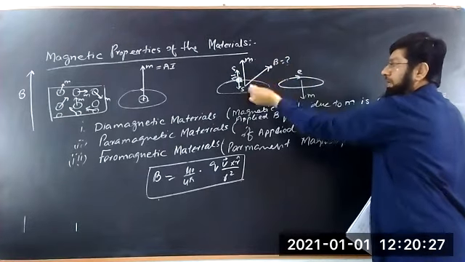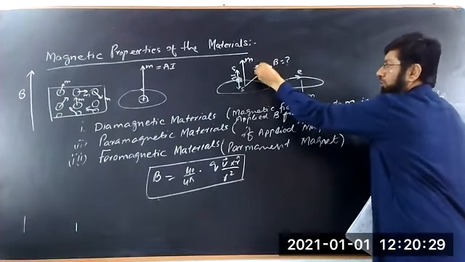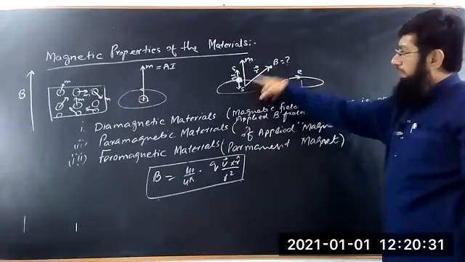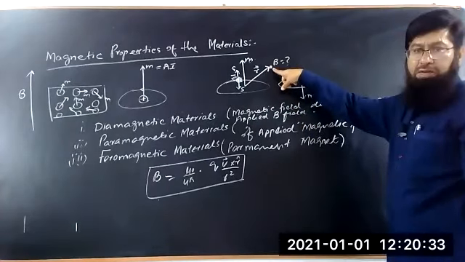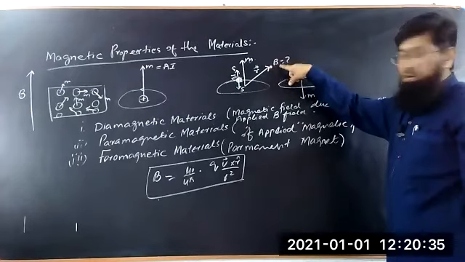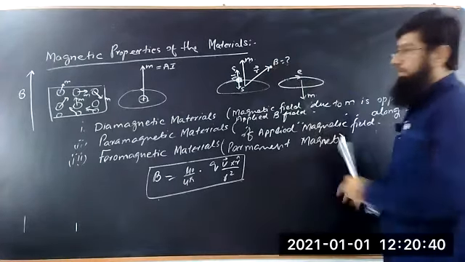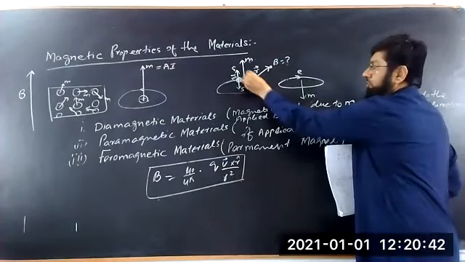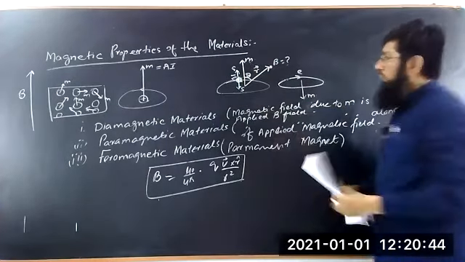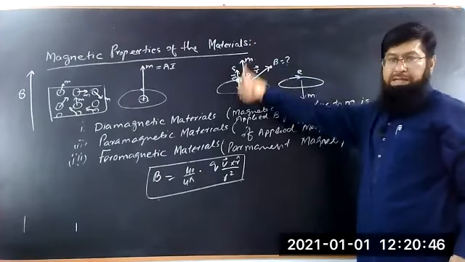This is the vector, and we call it the position vector. This position vector indicates the direction of the point where you want to calculate the magnetic field. Now this point is making a certain angle theta with respect to M, because M is along the Z axis.